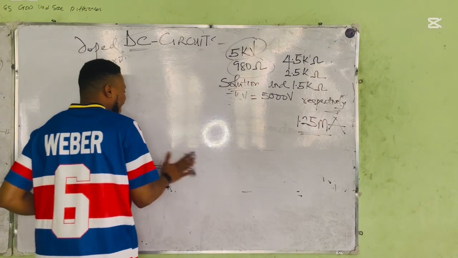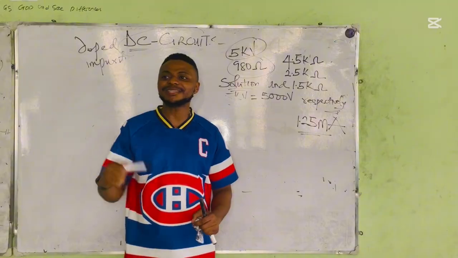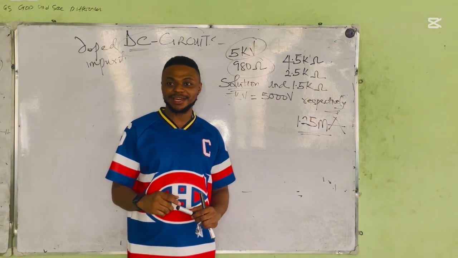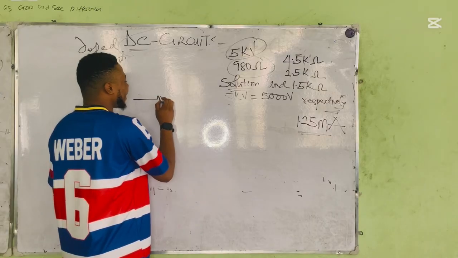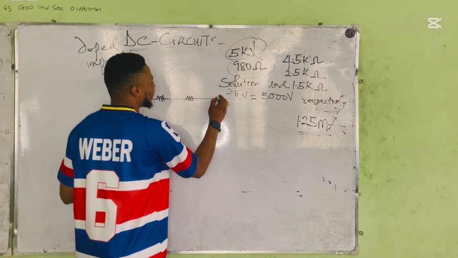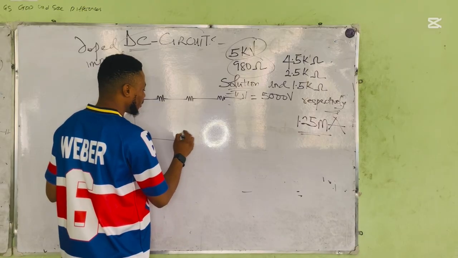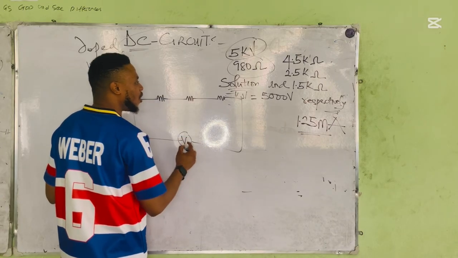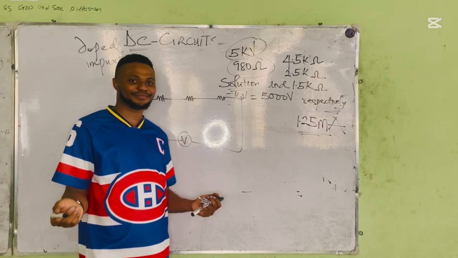Now, we are given 3 resistors, and these 3 resistors are connected in series, right? It's exactly like this. Then we have a voltage that we don't know.